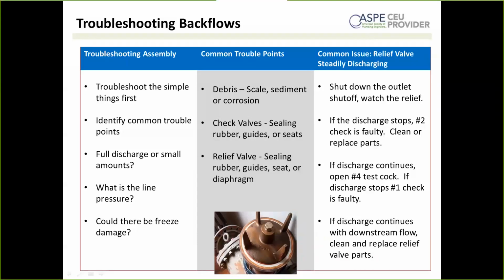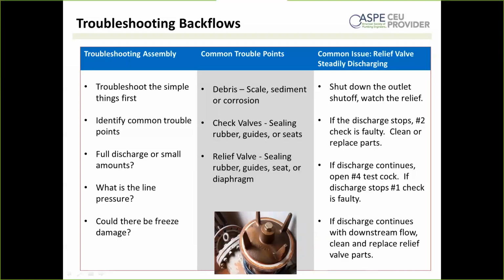This is because, what are we changing? We're removing the downstream portion of your piping system from the backflow preventer. The only way that could be raising the pressure in the zone is if you have back pressure and a fouled second check. So if discharge continues, you open the number 4 test cock. We're going to create some flow.